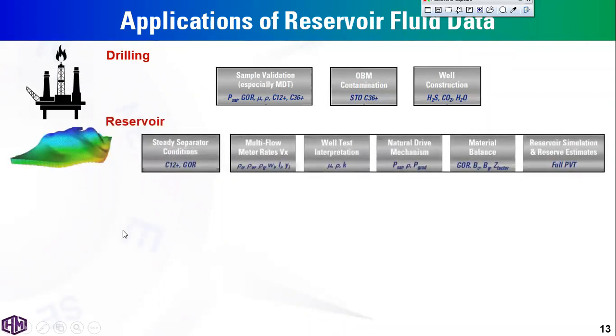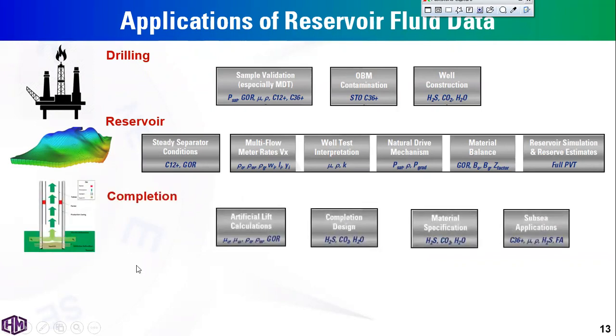For reservoir engineering, actually, reservoir fluids are critical, and one of the major inputs for all reservoir engineering studies and applications, like material balance, analytical reservoir modeling, reservoir simulation and reserve estimation, well testing interpretation, and other applications. For completion, the completion design, artificial lift calculations and design, subsea applications, all of them are dependent on the fluid data.